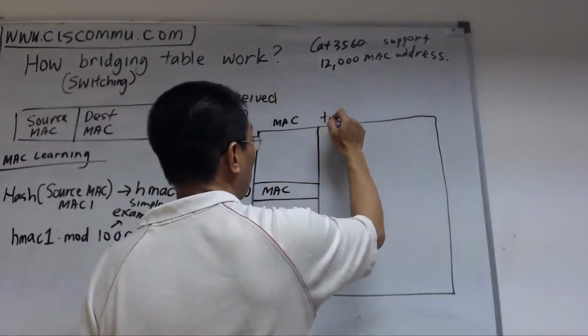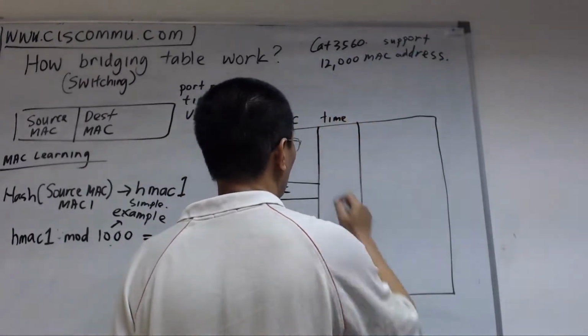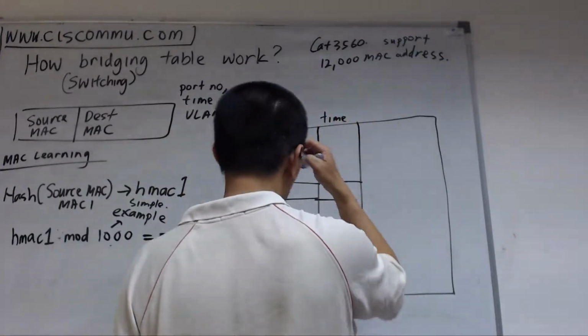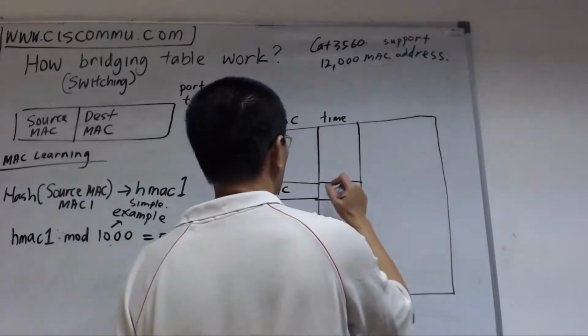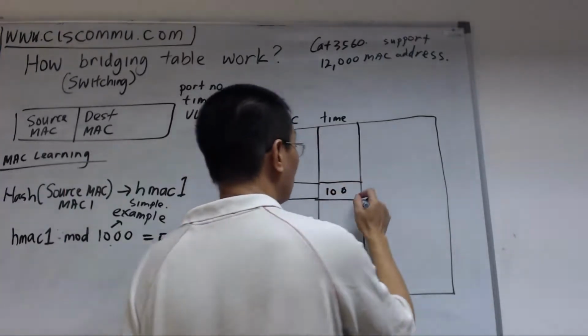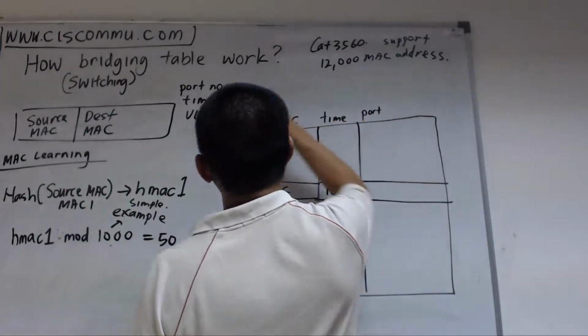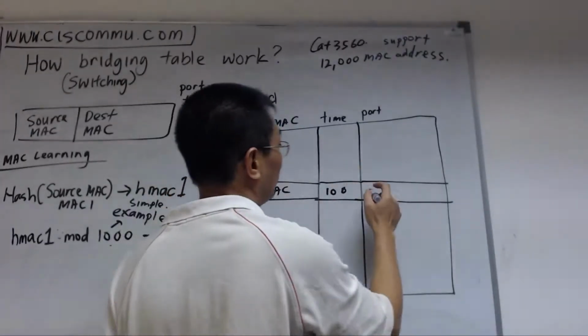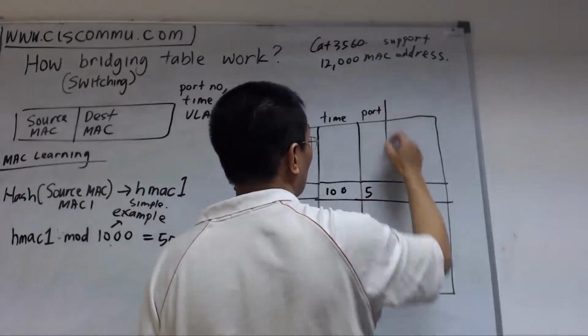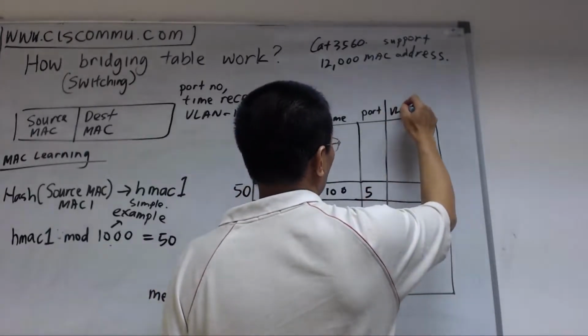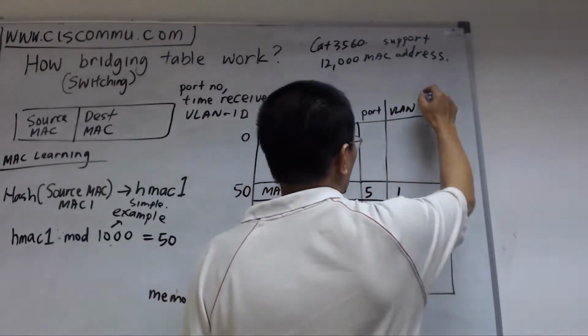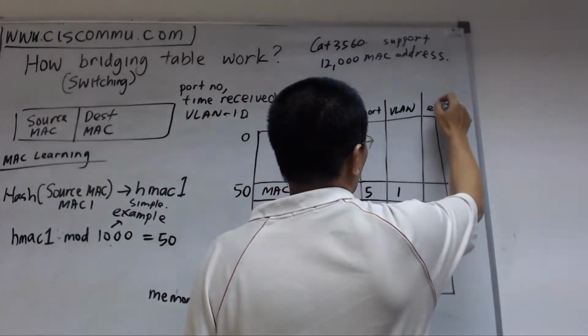And this is the time. You put in which time you have received, let's say time is 100. Then you put in which port the packet was received, let's say port 5. Then you put in the VLAN if there's any; if not, put in 1. There are also some other variables.